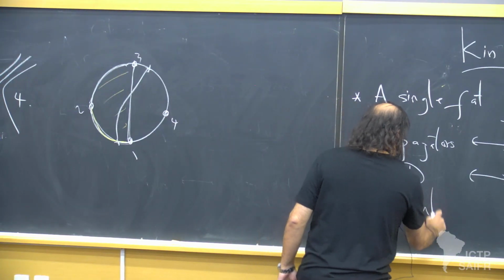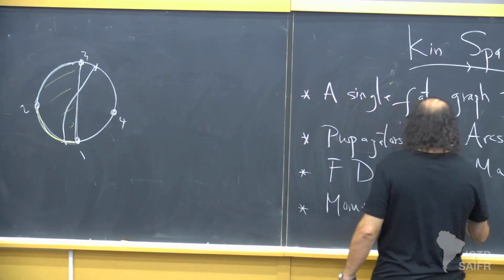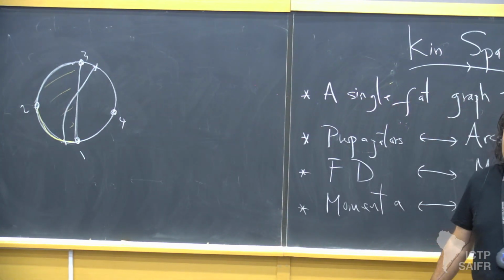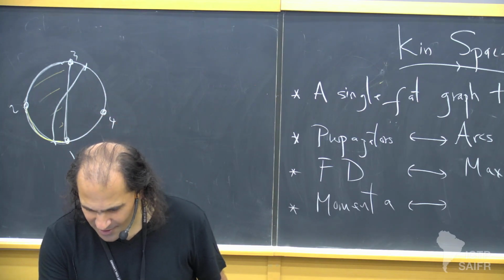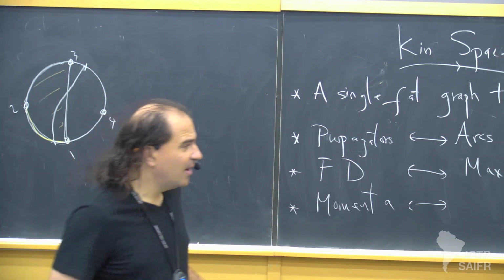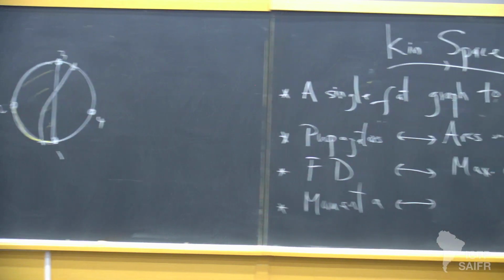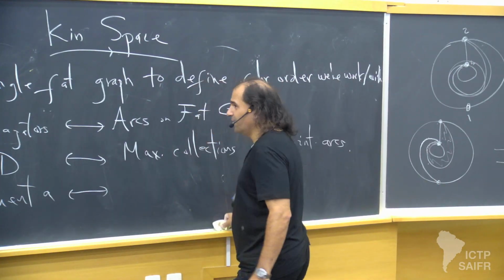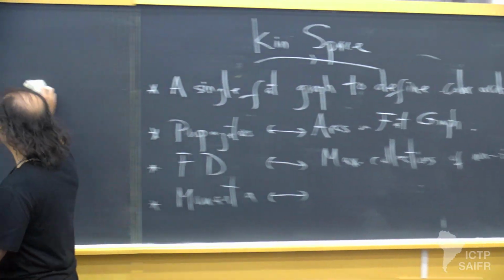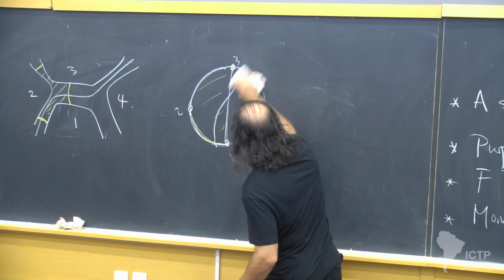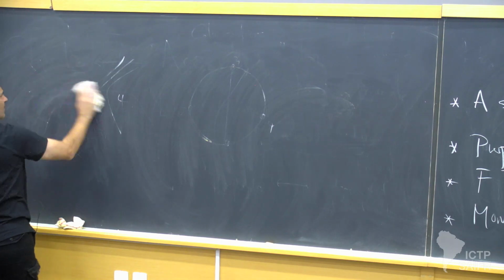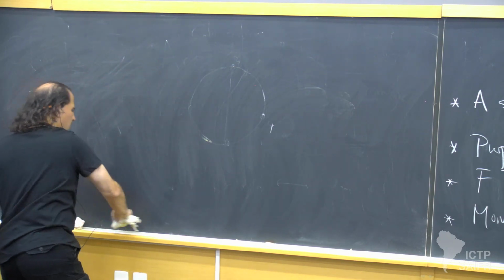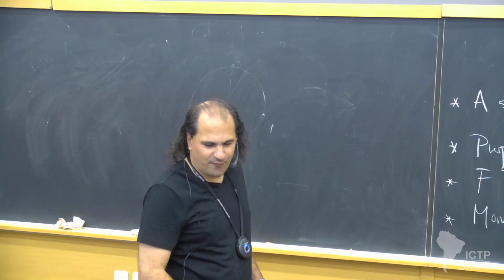All right, but finally, let me tell you what momenta are in this language, and then we'll pause. What are momenta? Remember, momenta were homology on the surface, but now I want to find what momenta are in the language of the fact graph. Remember, a propagator is associated with an arc. So what is the rule for momentum?